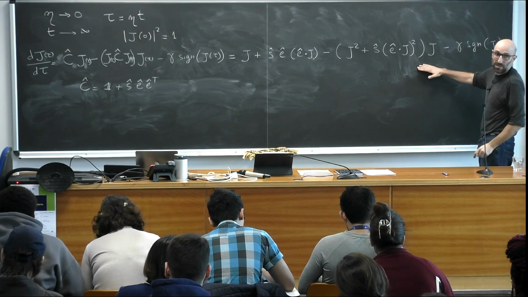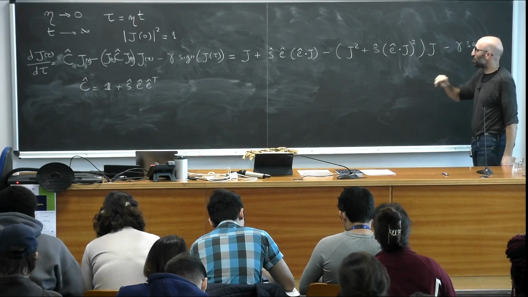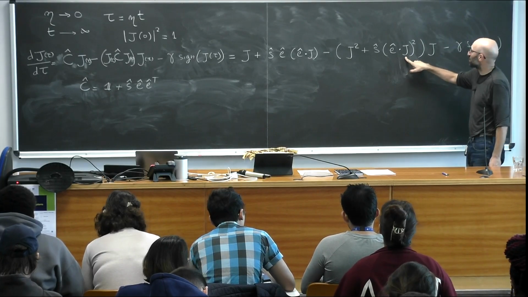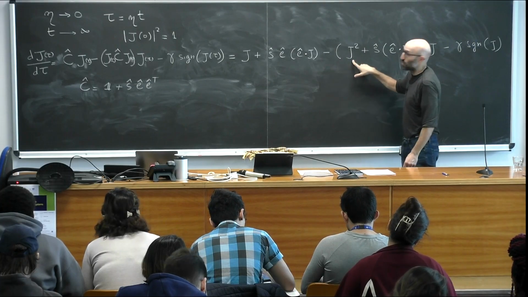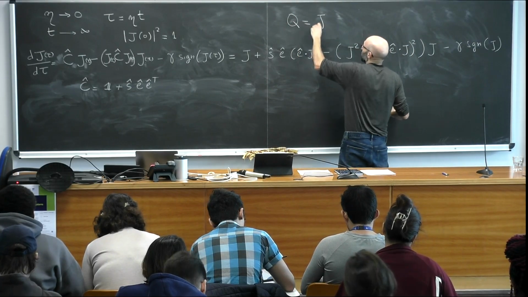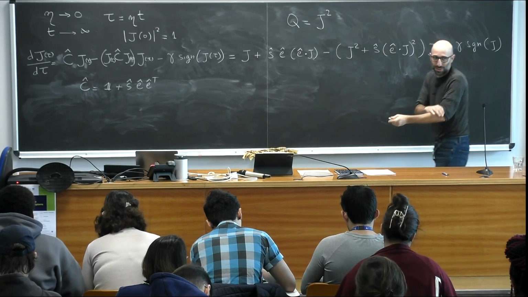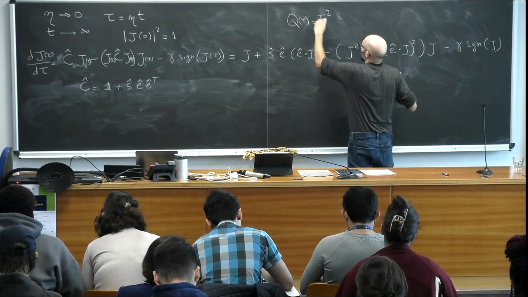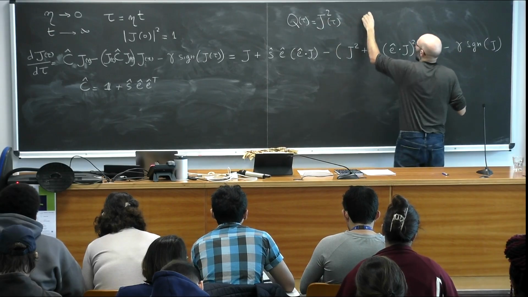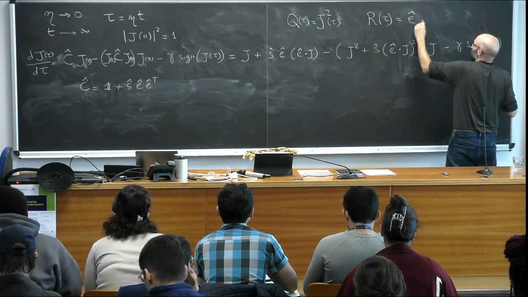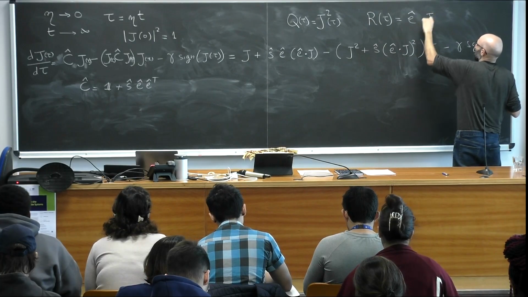So you see that now the equation depends on two objects, the scalar product of E with J and the square norm of J. Let's call them q and r. I will call q of tau the squared norm of J, which is not conserved now, and r of tau the scalar product between the principal component and J of tau.